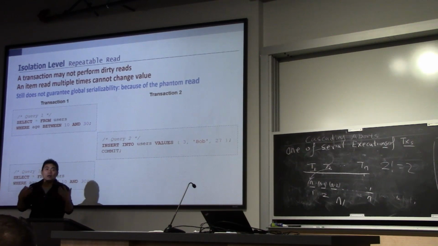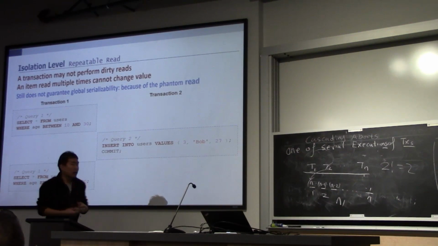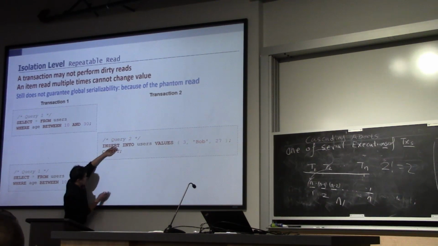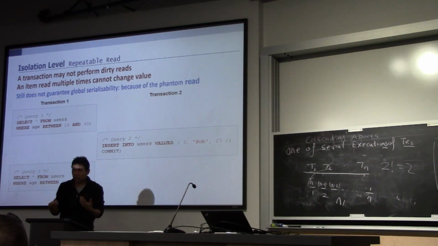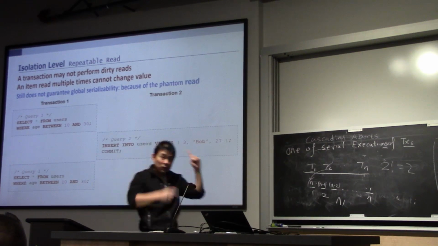It's no longer an uncommitted write. If I were to move this commit to here, that becomes a dirty read. You follow me? If I remove the commit from here and commit only after the second selection statement, that second selection statement will perform a dirty read. But because I committed before that, it's no longer a dirty read. Okay, so condition 1, check.